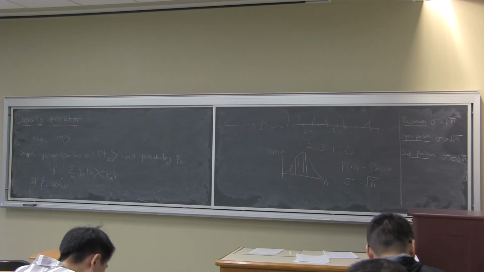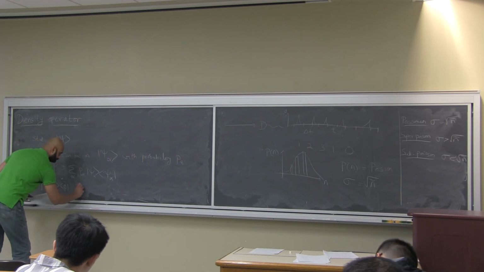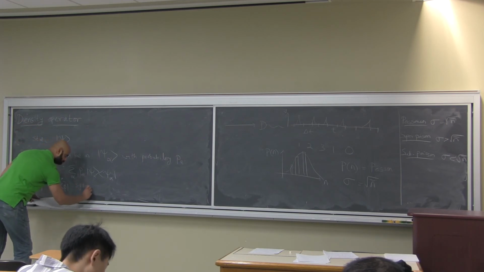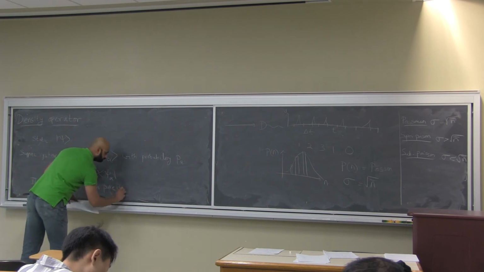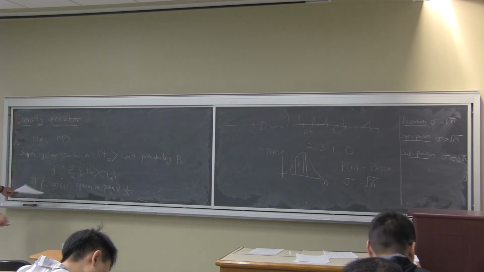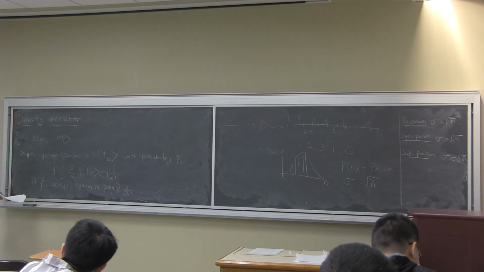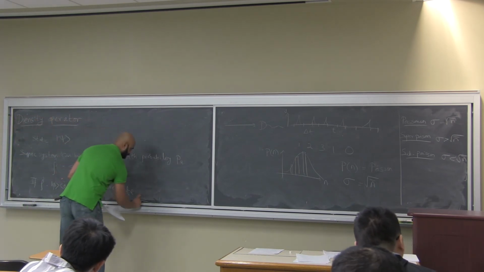If that is true, then we say that the system is in a pure state, okay? And if such a basis transformation cannot be found where rho is equal to |phi><phi| in this way, then the system is in a mixed state.